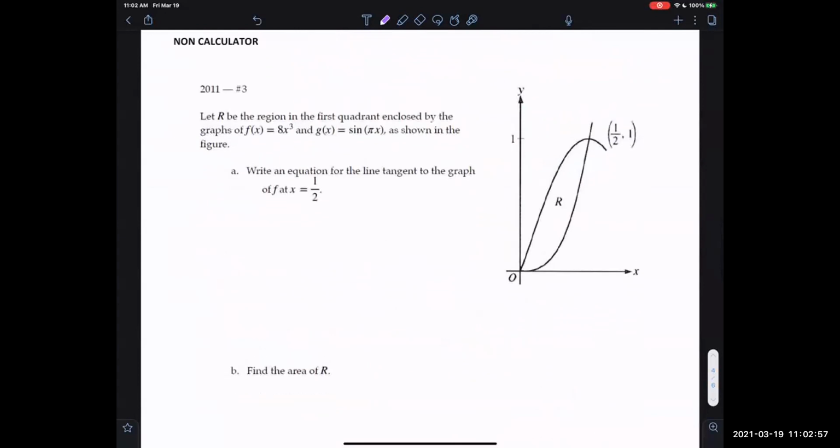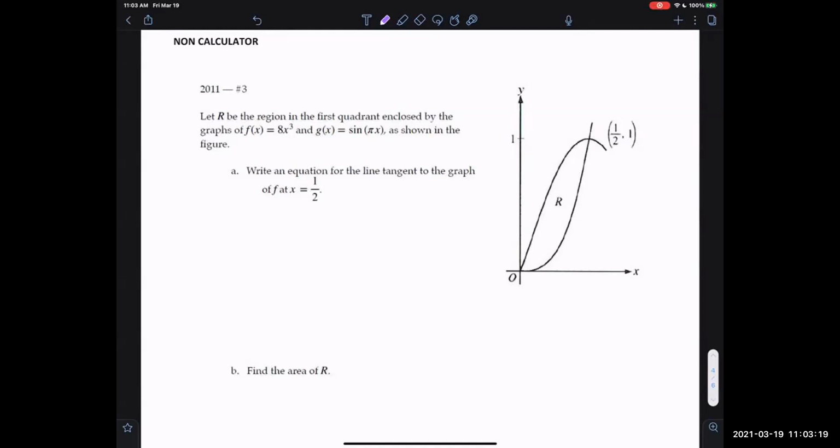Area between regions, or I should say, area between two curves, not necessarily always functions. So in this first question, it's a non-calculator question from an AP exam. You can actually do this one top minus bottom.